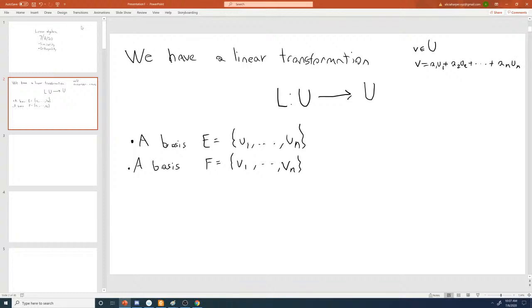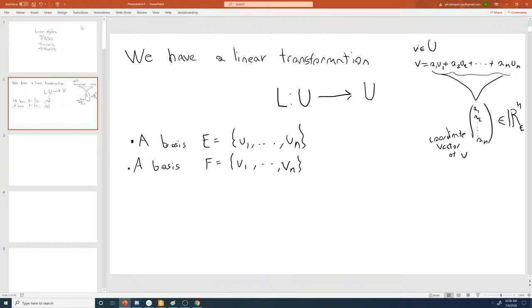And these A's form the component vector of V. We can group them together to get a vector A1, A2, through AN, which lives in Rn, and this is the coordinate vector of V. We give a subscript E to this Rn to indicate where this coordinate vector came from.